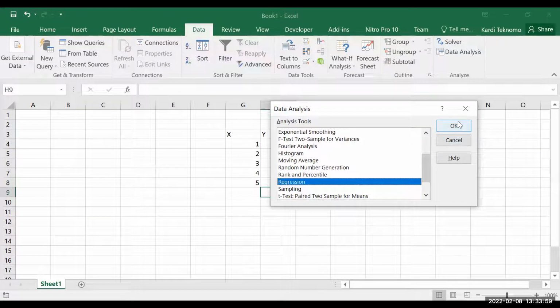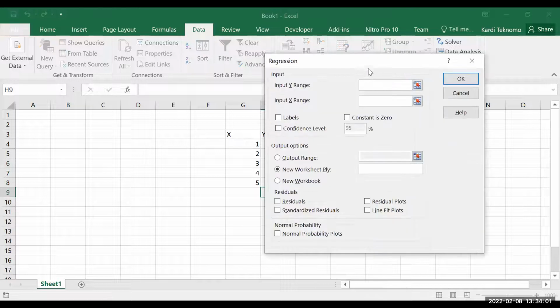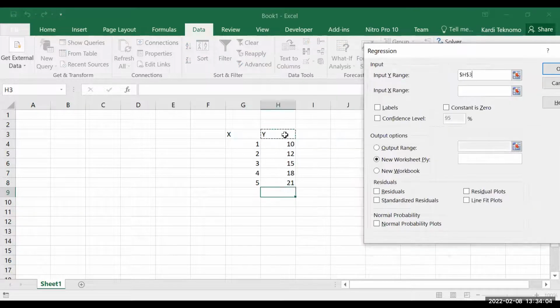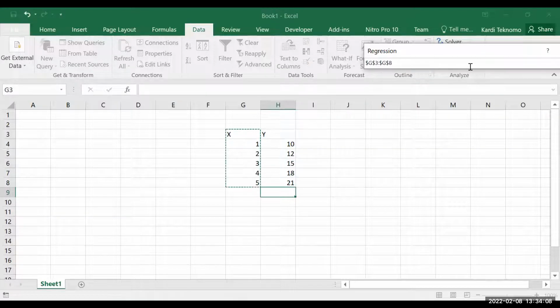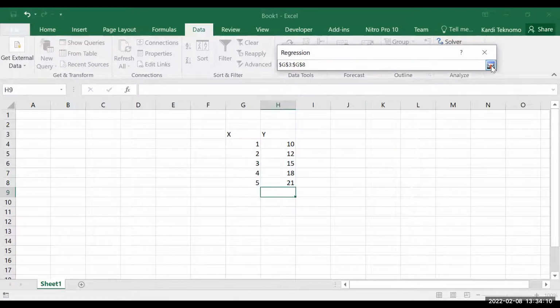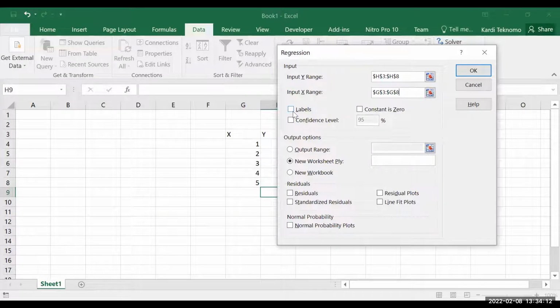Here, Regression, click OK. So this is the Y, this is the X, and the first row is labels. Here it is, this is what you need to check: residuals, standardized residuals, residual plots, line fit plots, and normal probability plot. Why does Excel already have this?